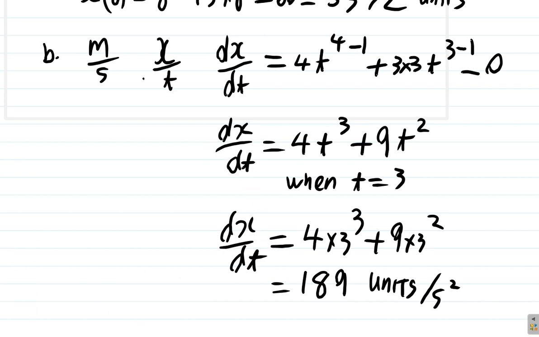Why am I saying per second squared? It's not acceleration. It's units per second. If distance was in meters, this would be meters per second. But we're not told, so this is units per second, whatever the unit is. Alright?